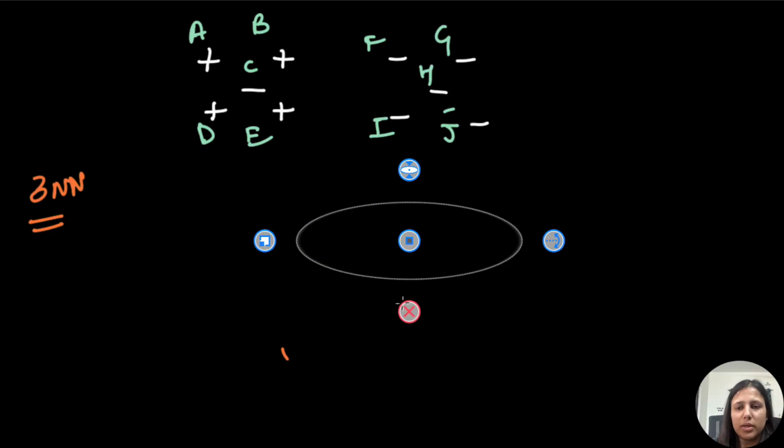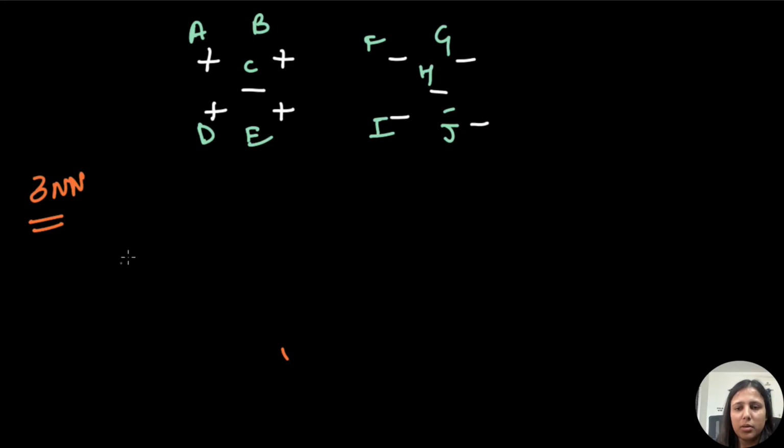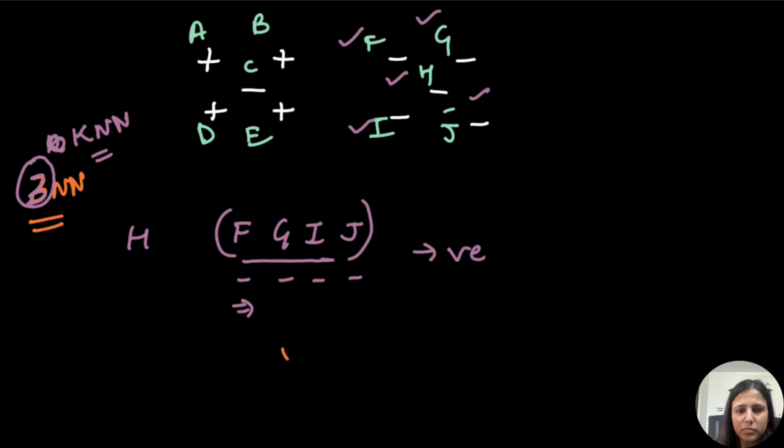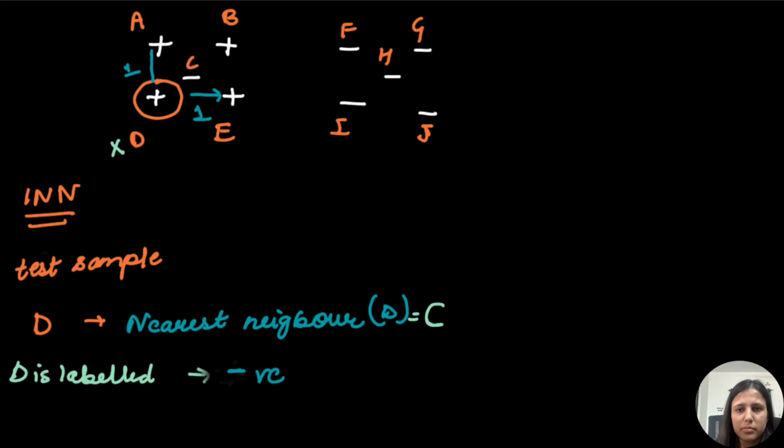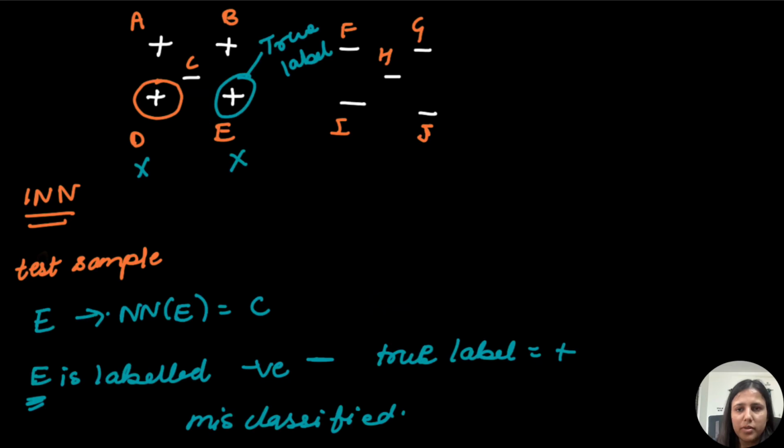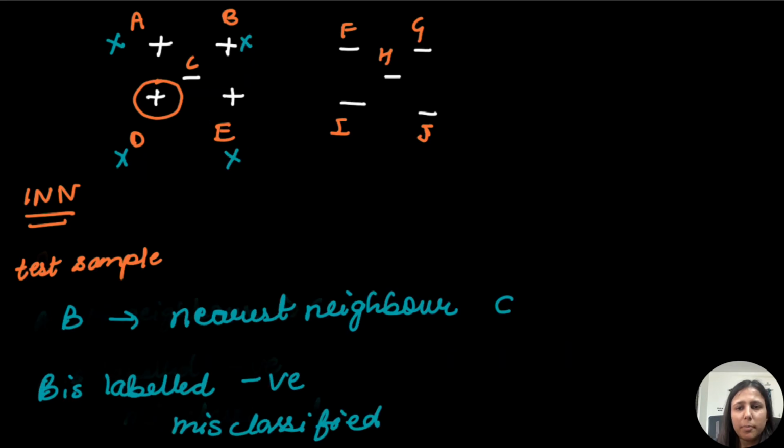So now let's see A, B, C, D, E, F, G, H, I, J. K is not there, right? So let's go back and see.